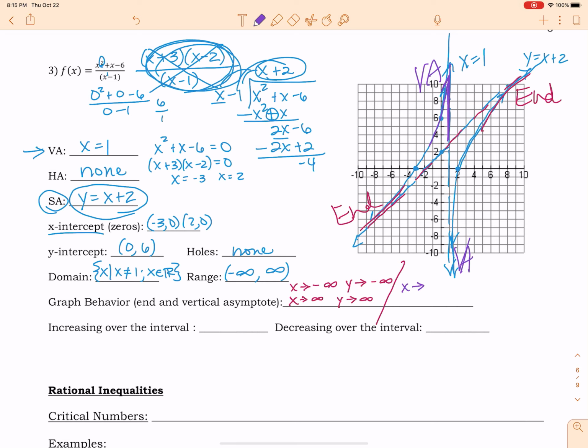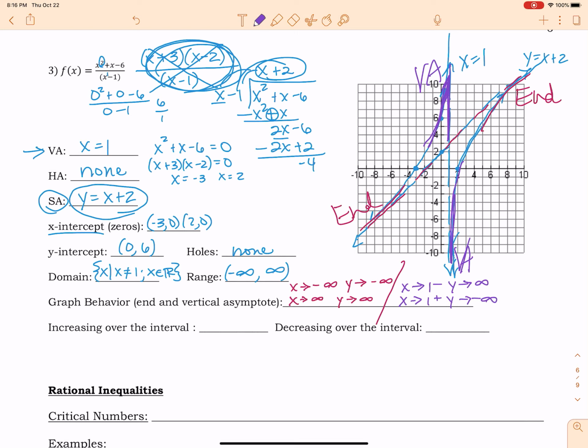So x is approaching 1 from the negative direction here, and y is approaching positive infinity. And down here, my graph is approaching 1 from the positive direction, and y is approaching negative infinity, just like that.